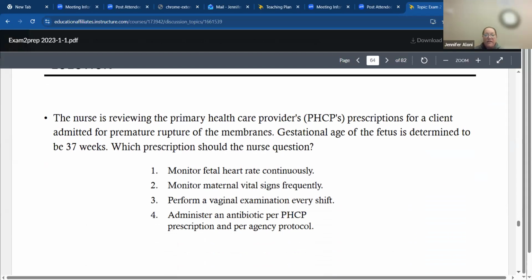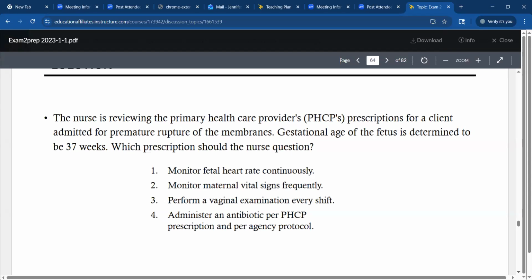All right, premature rupture of membranes. Gestational age of the fetus is 37 weeks. What should the nurse question in the prescription? What is wrong here? What should we not be doing? 3. Why?